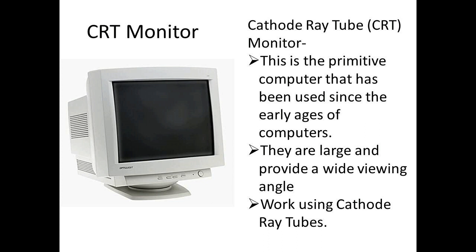They are large and provide a wide viewing angle. They work using cathode ray tubes that move an electron gun to and fro across the screen to emit light. The light beam collides with the phosphor dots on the screen to create an image by activating pixels.